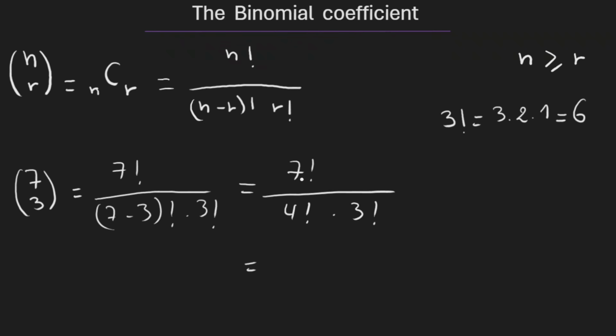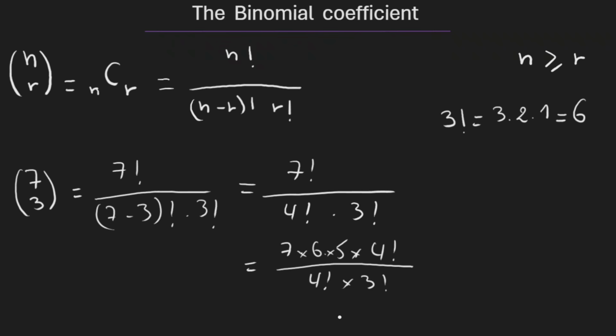So 7 factorial, here we have already seen how we can write a factorial: 7 times 6 times 5 times 4 factorial. We don't need to go all the way to 1 because we have a 4 factorial here, times 3 factorial.